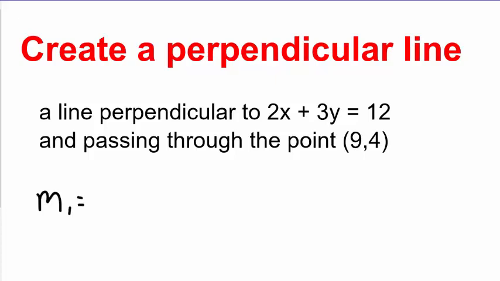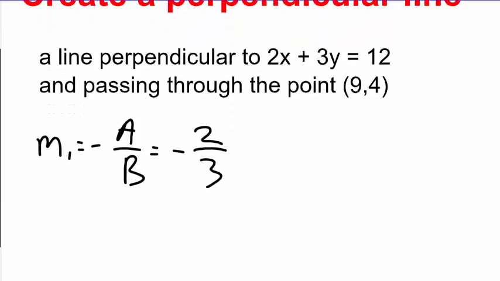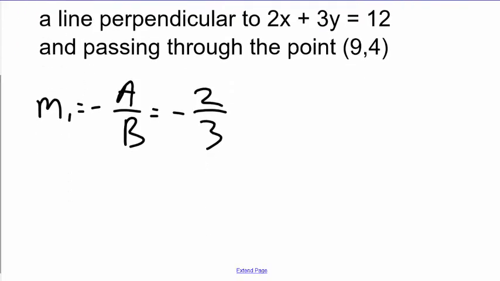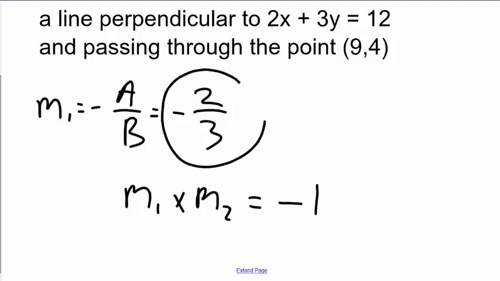Slope 1 is going to be minus a over b, which is minus 2 over 3. So that's slope 1. Slope 2 times slope 1 needs to be -1. So what are we going to multiply this fraction by? That's going to be -1. That is easy.